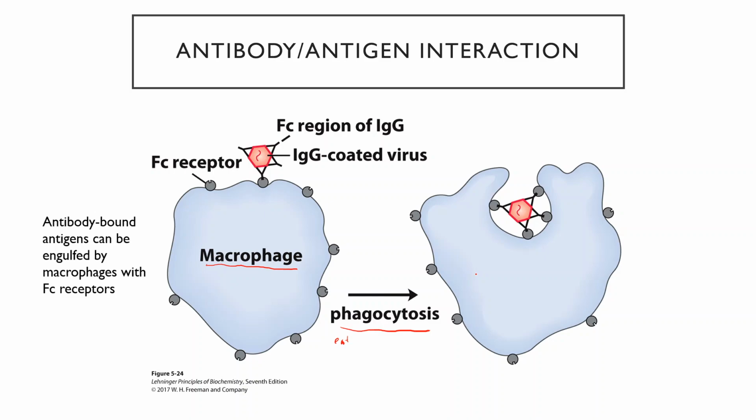But the important thing, again, is the interaction between the variable domain of the antibody and in this case the virus protein, that allows the antibody to bind to the protein, and then the Fc region of the antibody binding to the Fc receptor on the macrophage, which triggers the phagocytosis response.